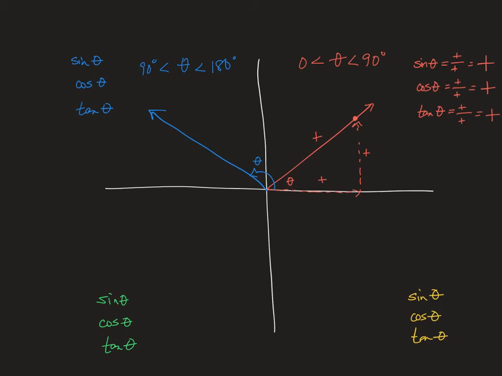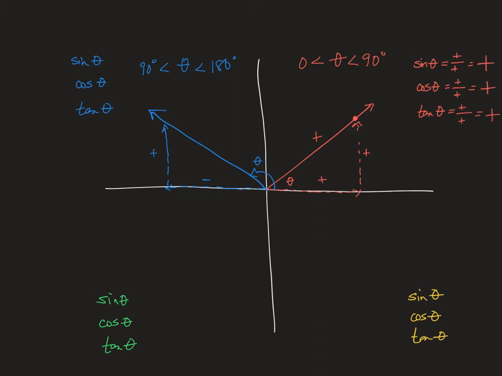Okay, for me to get a point anywhere along that terminal arm, or to get that terminal arm into that position, I would have to move to the left, and I would have to move up. Well, I know that left movements on my axes are negatives, and I know that upward movements are positives.